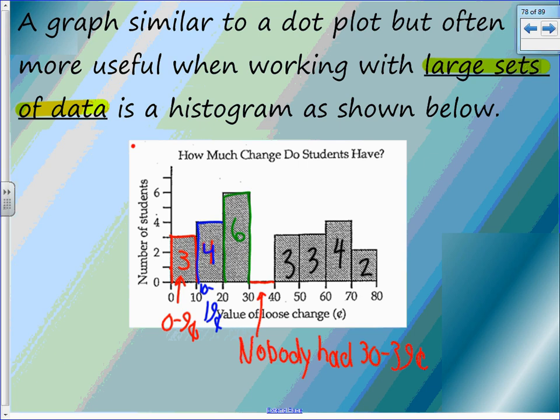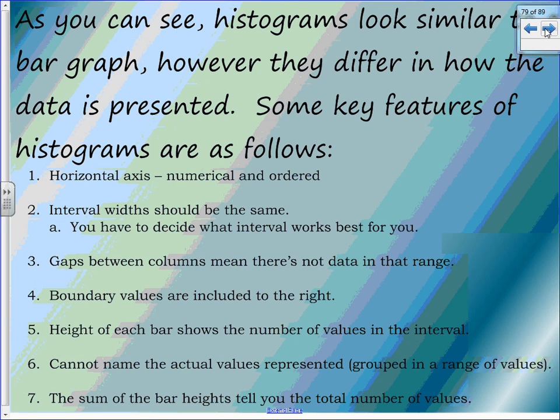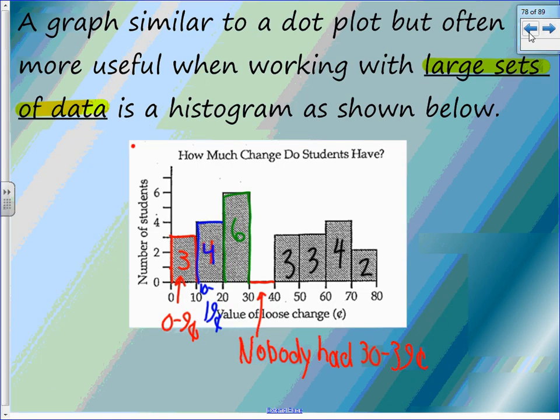So looking at the information here about the plots, the horizontal axis has to be numerical and in order. Interval widths have to be the same. So in other words, this has to go up by a consistent amount, as does that.